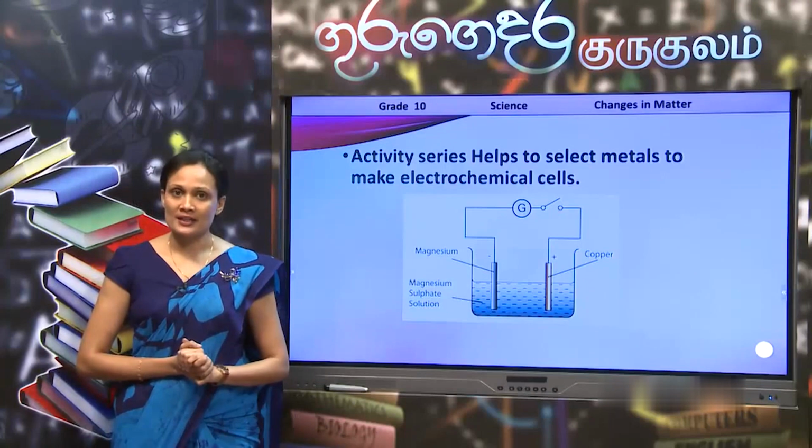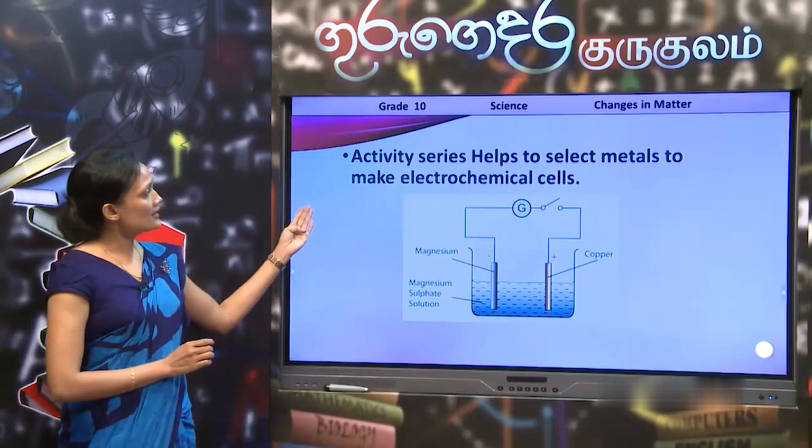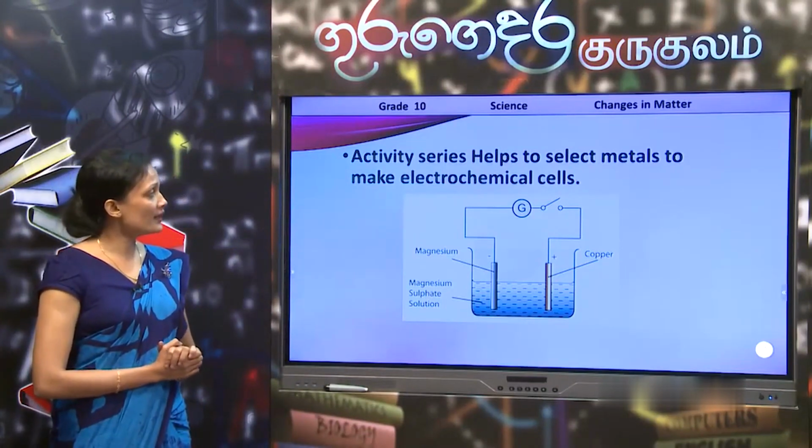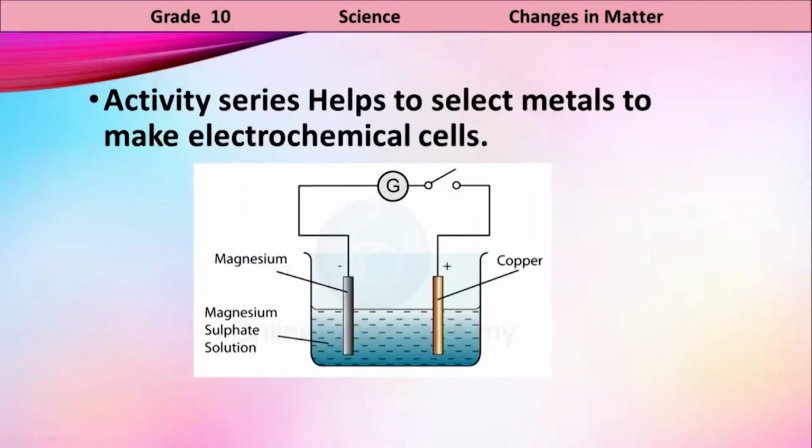Now I am going to explain another use of the activity series. The activity series helps to select metals to make electrochemical cells. You know about the electrochemical cell. When we are making electrochemical cells, we need to select electrodes, and we use the activity series for that. The higher reactivity metal is used as the anode or negative terminal, and the lesser reactive metal is used as the cathode or positive terminal.